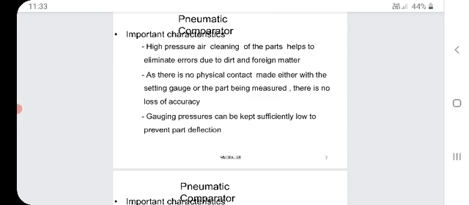As there is no physical contact made either with the setting edge or the part being measured, there is no loss of accuracy. Gauging pressures can be kept sufficiently low to prevent part deflection.